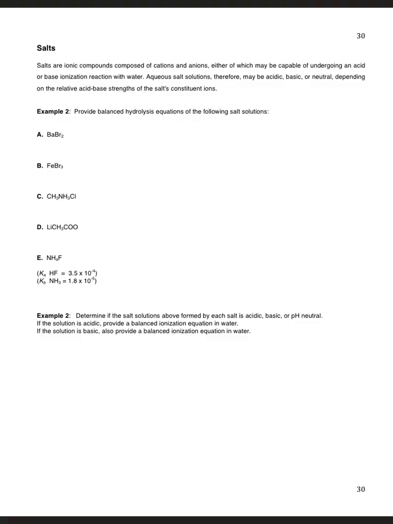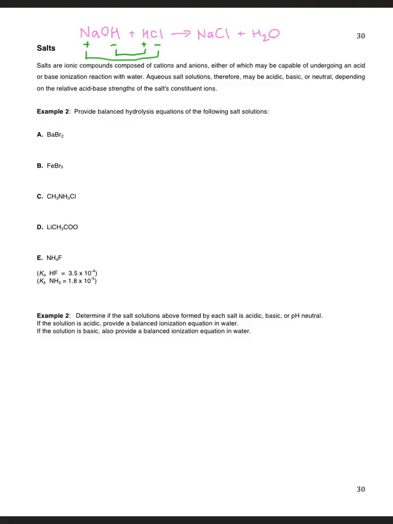For example, when sodium hydroxide base reacts with hydrochloric acid, it will produce sodium chloride and water. If you assign the charge for each of these species, you can see that Na+ will combine with Cl-, and hydroxide ions will combine with protons. Therefore, sodium chloride and water form from this acid-base reaction.